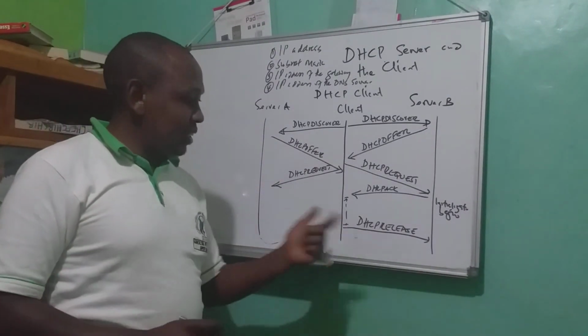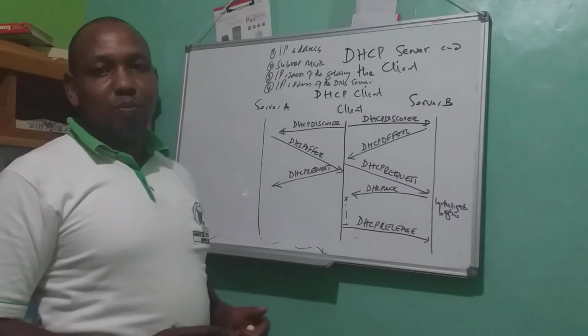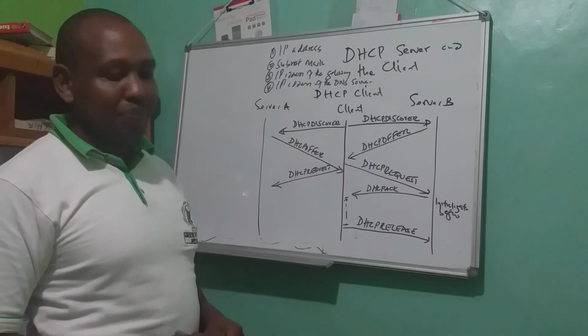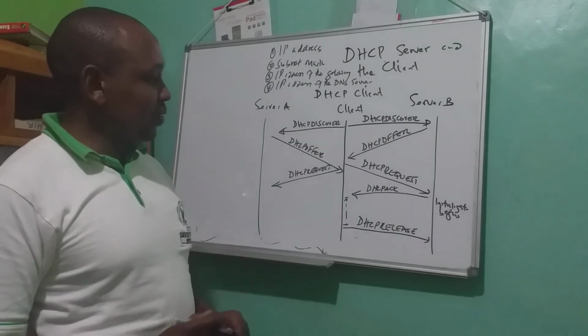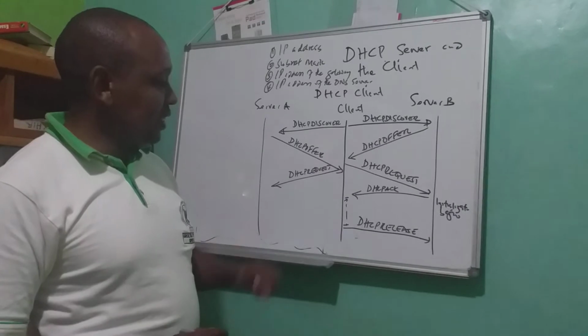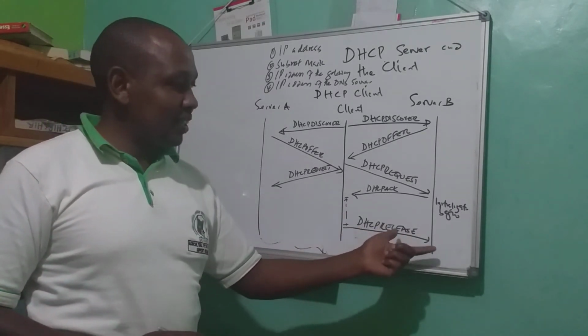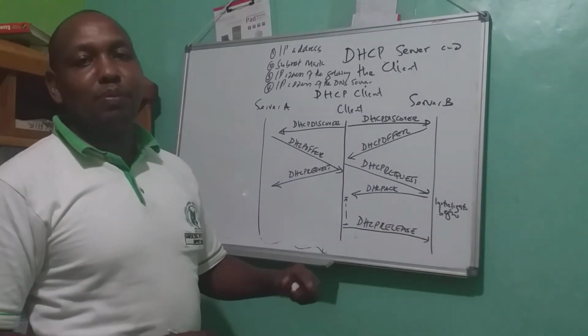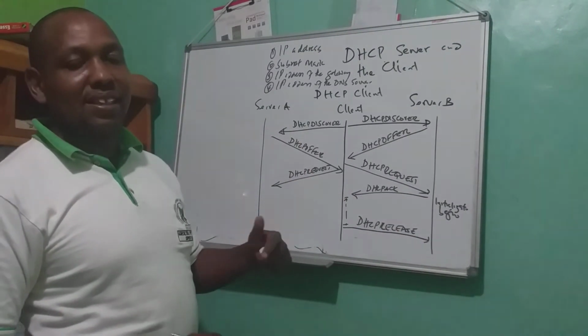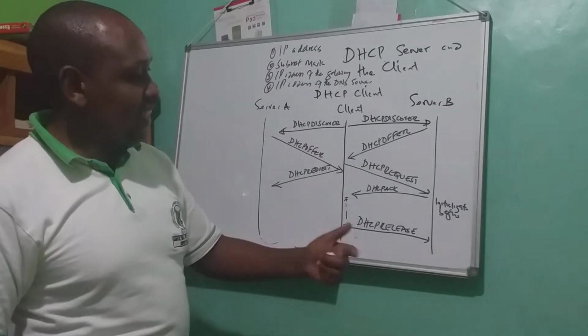When does this take place? For example, when your computer goes to sleep, maybe you just close your computer, you shut down your computer, the DHCP client will release those parameters so that the server can lease those parameters to another client computer.